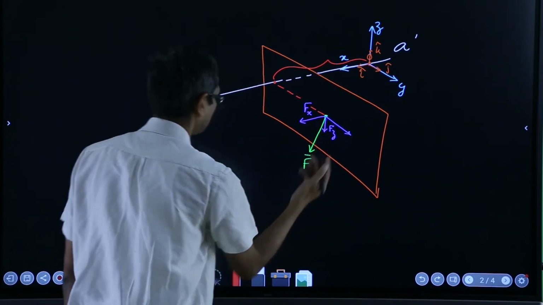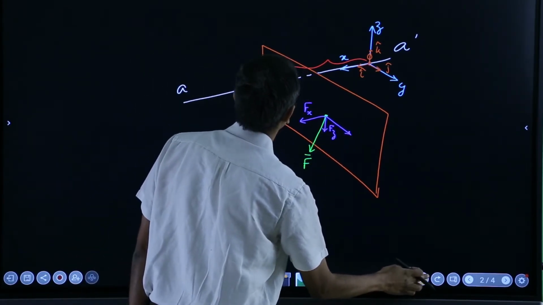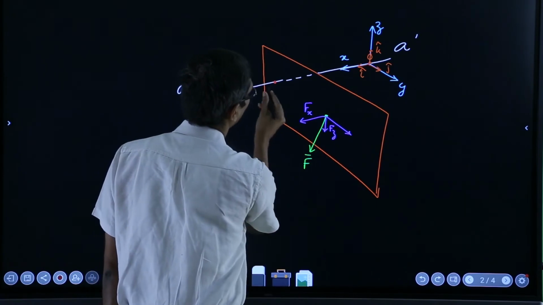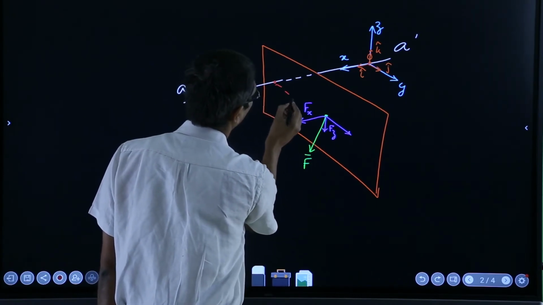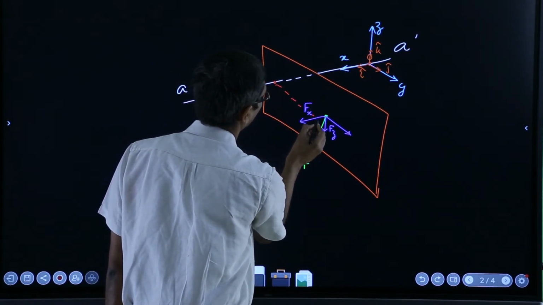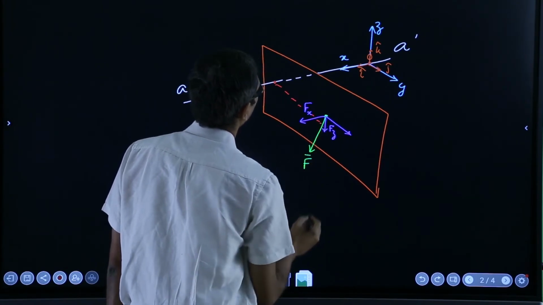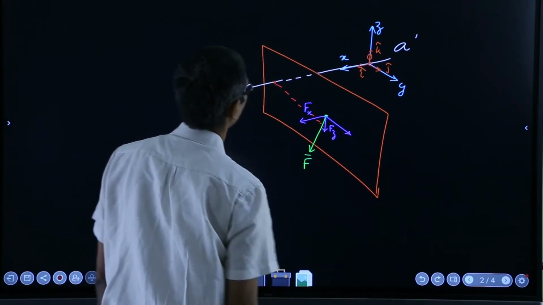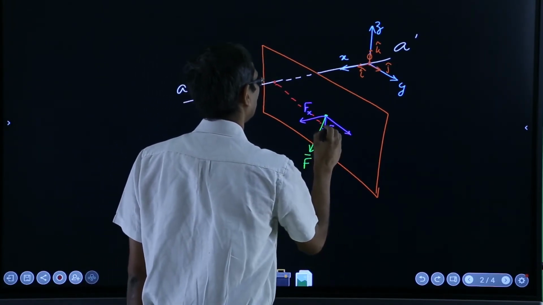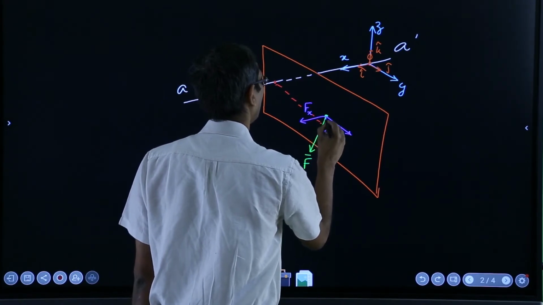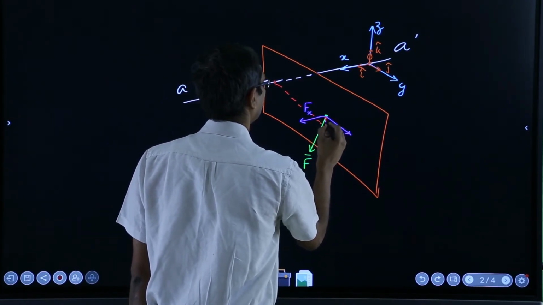Maybe we will not reach that point. It may so happen that we come like that, to some point say here. So that may be your y, and then you go up in the z direction.